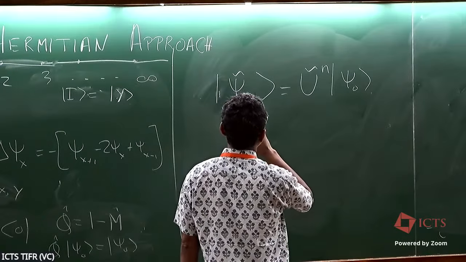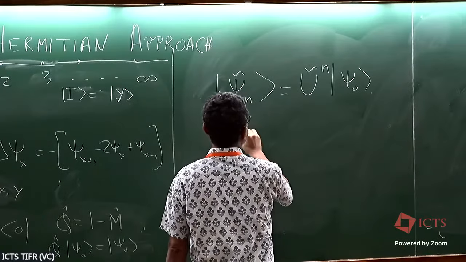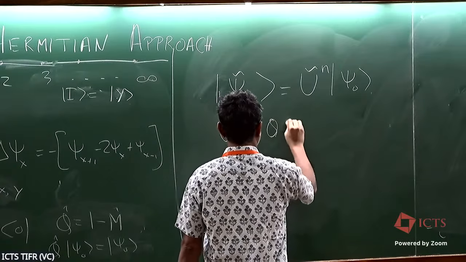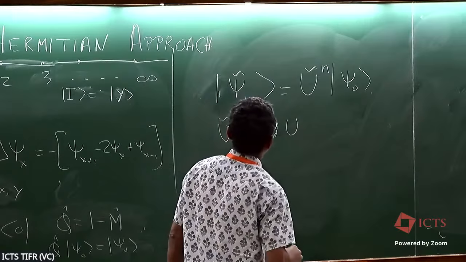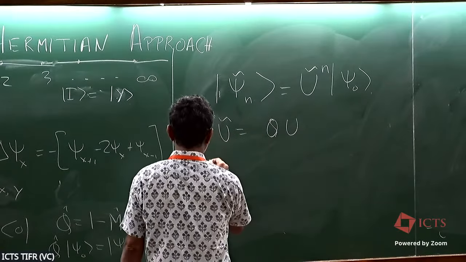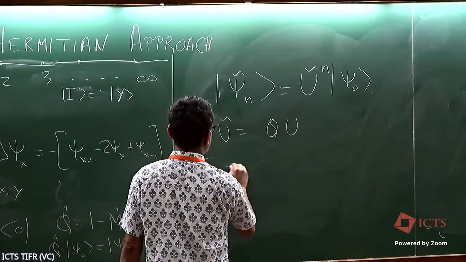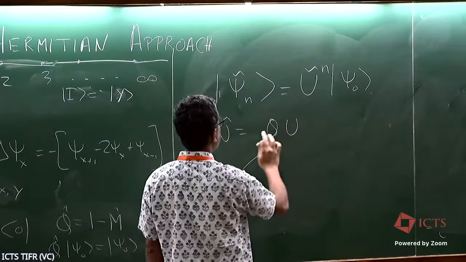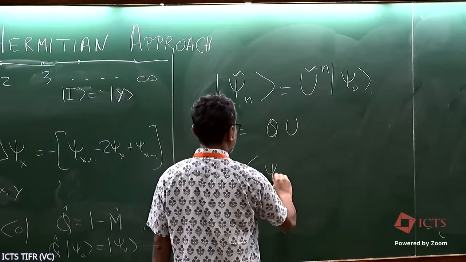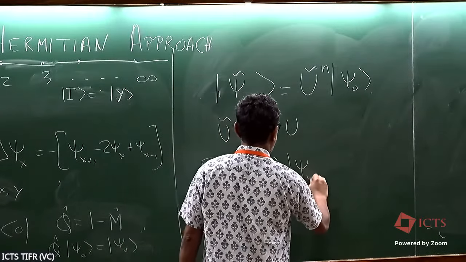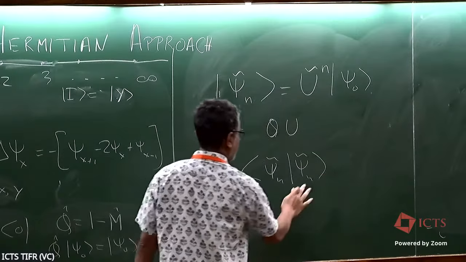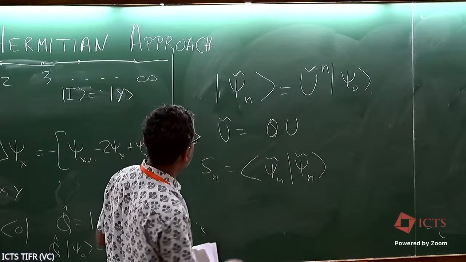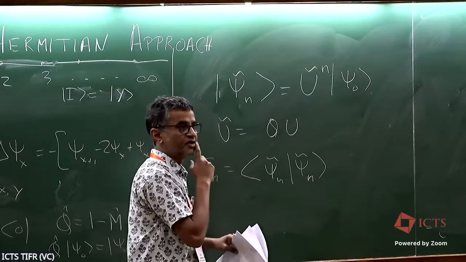Things like survival probability at n was exactly given by the norm of this. This is not normalized anyway because this is not unitary. So the survival probability was given by the norm of this vector. And so if we understand this dynamics, then pretty much we can compute everything, right?